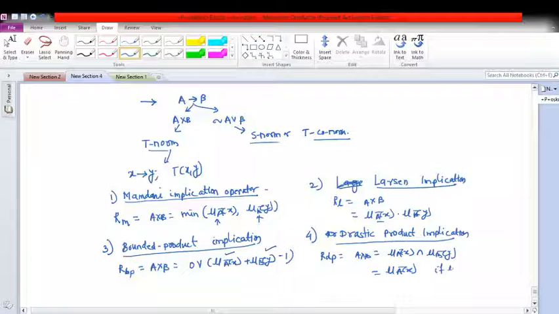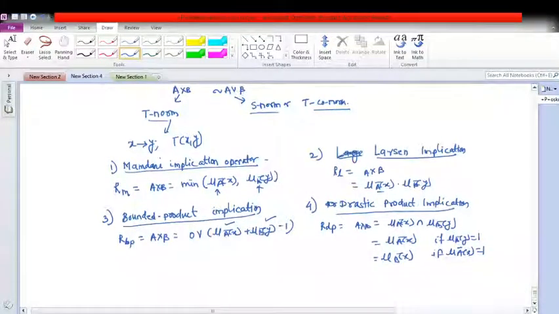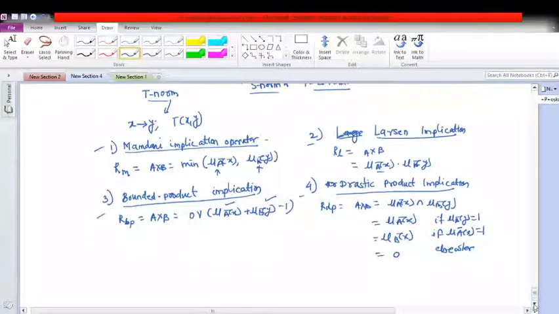If mu B bar of Y is 1, it is obvious, or if mu A bar of X is 1, then you can write it as mu B bar of X. And if mu A bar of X is also not 1, and mu B bar of X is also not 1, then it will be simply 0. So this way there are different operators you can use for the computation of A coupled with B.